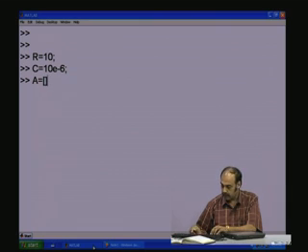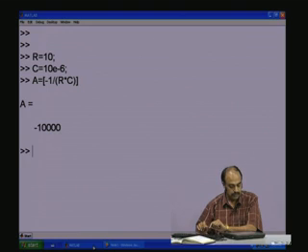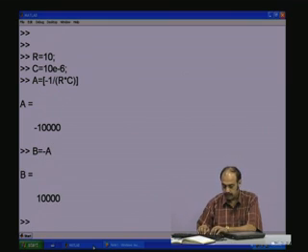And then the A matrix can be written within the square brackets as minus 1 by R into C. This would be the A matrix, and the B matrix is nothing but the negative of the A matrix, which is like that. And of course, the C and the D matrix are very trivial, with the C matrix being 1 and the D matrix being 0.